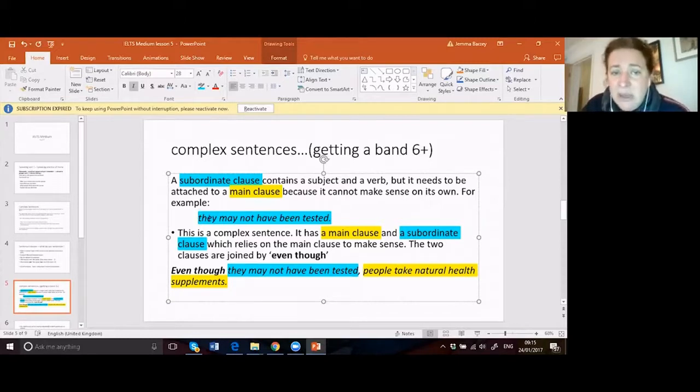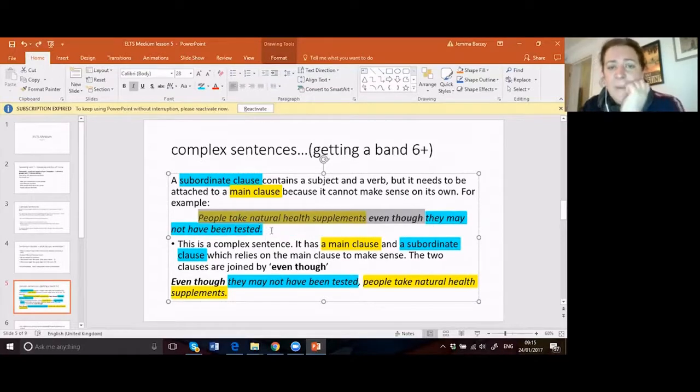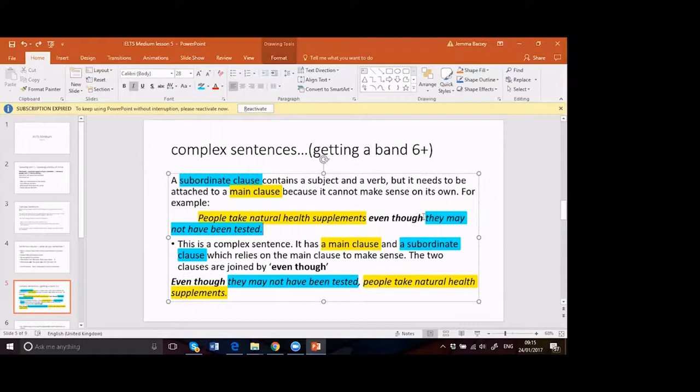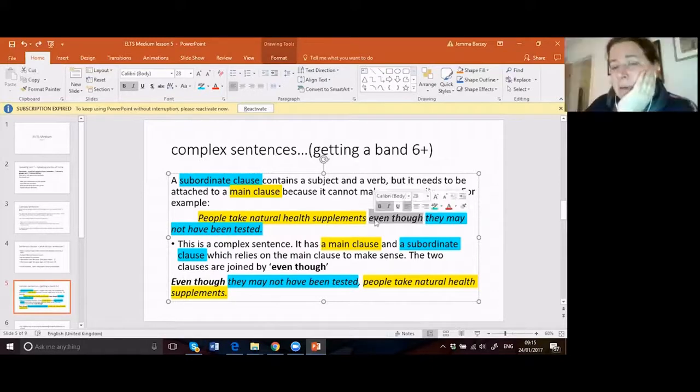But it has got the subject and we've got "may not have been," and then what? "Tested," okay? So this is the idea of a complex sentence: there are two parts of the sentence, but you need both of them to make sense, and they're joined by more complicated words, even though.